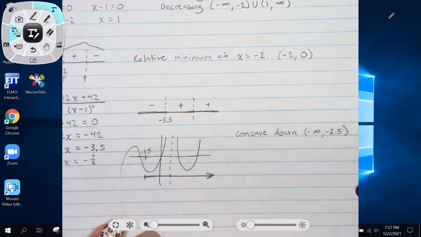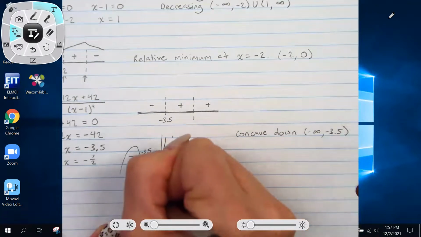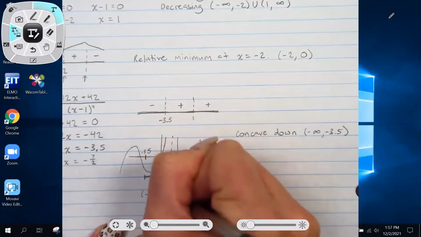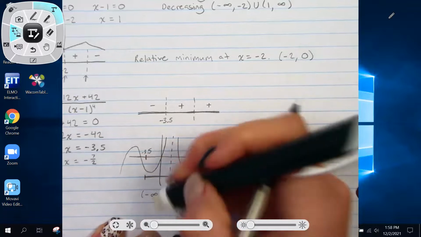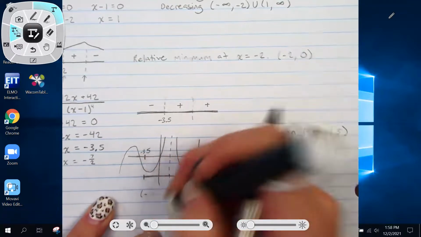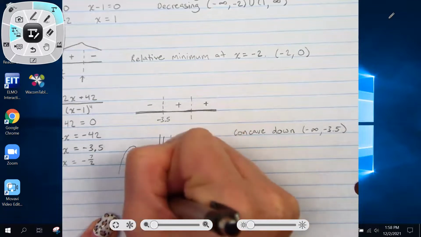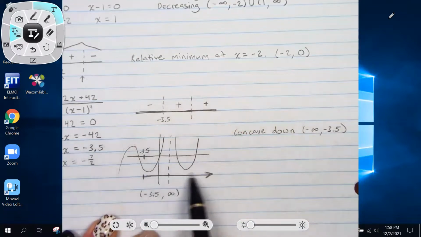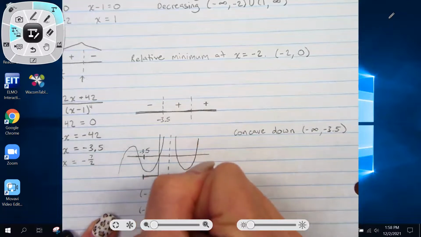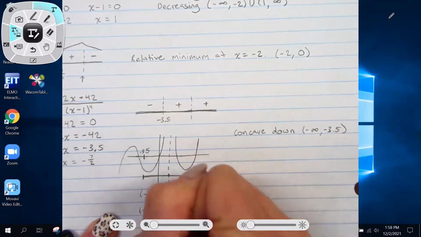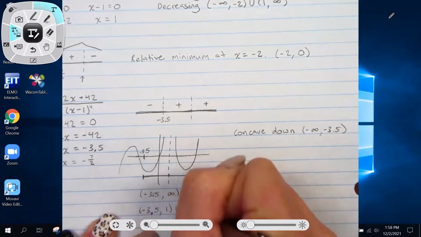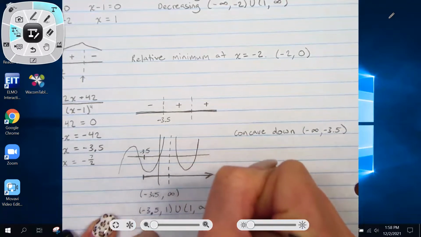So instead of writing negative 3.5 to positive infinity as one interval, I would write it as 2 intervals, from negative 3.5 to 1 and from 1 to infinity.